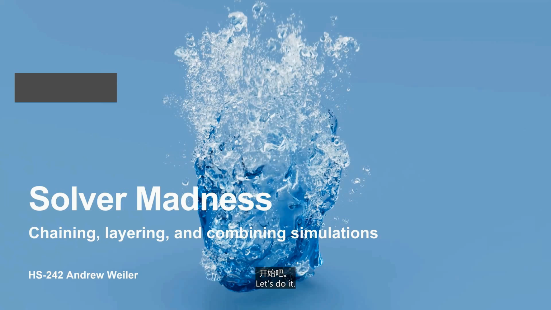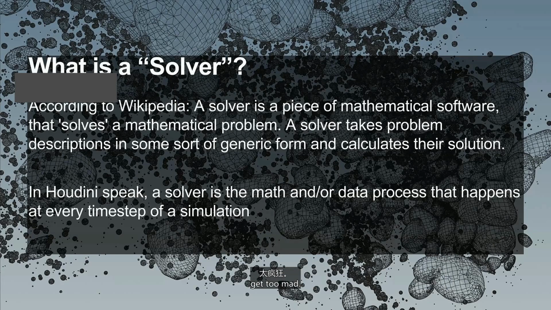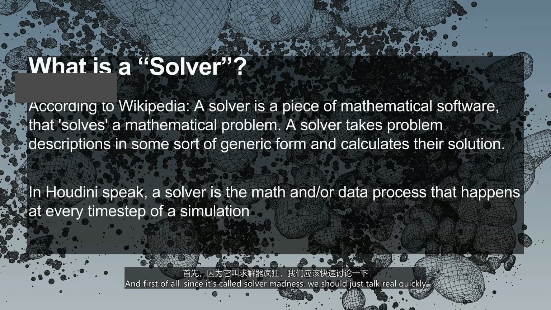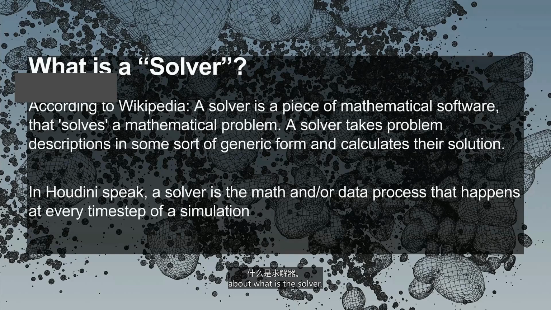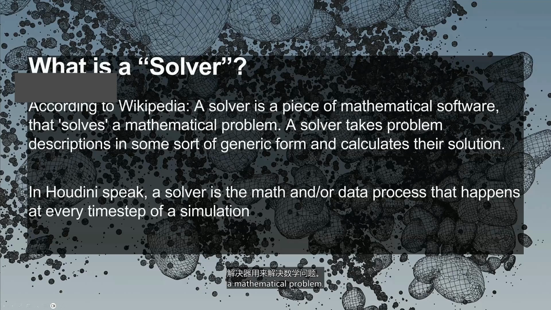Let's do it. Okay. So, Solver Madness. That was the title we came up with, which is fun, and I promise it won't get too mad. But we'll dig into some fun concepts. And first of all, since it's called Solver Madness, we should just talk real quickly about what is a solver. And Wikipedia gives us this definition: a piece of mathematical software that solves a mathematical problem.